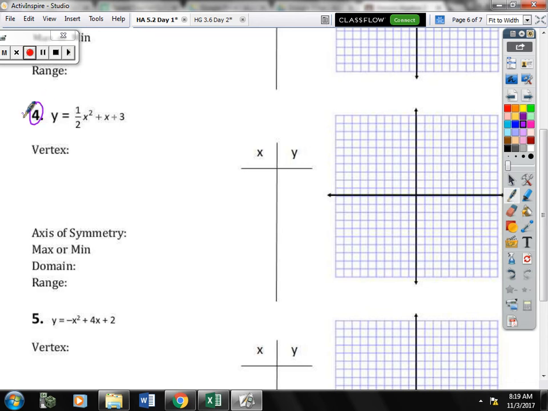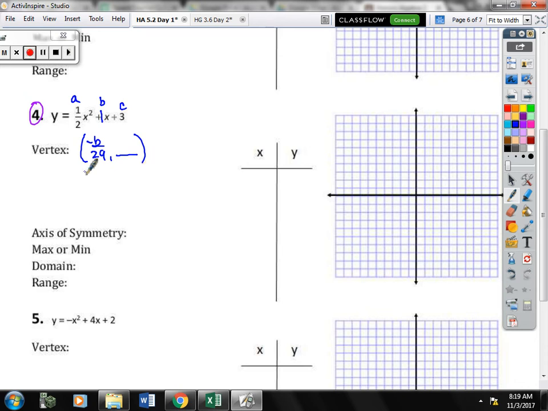All right, so this one actually has an A, a B, and a C. So A is 1/2, B is 1, and C is 3. So we'll find the vertex using our negative B over 2A.